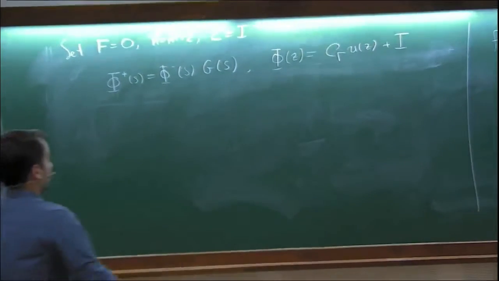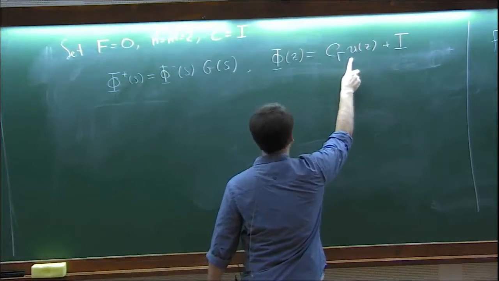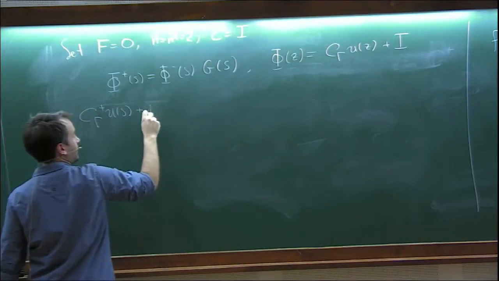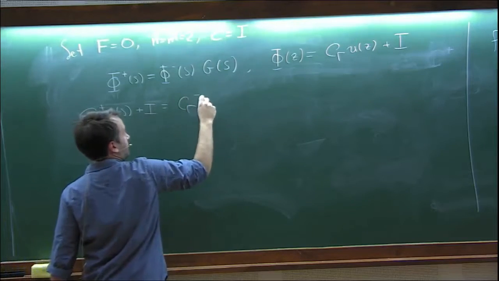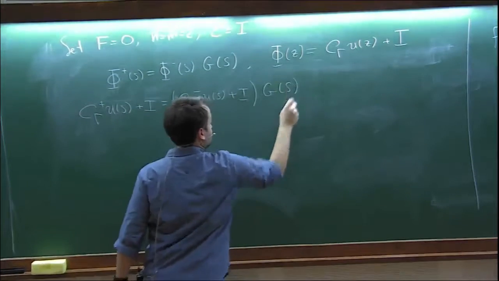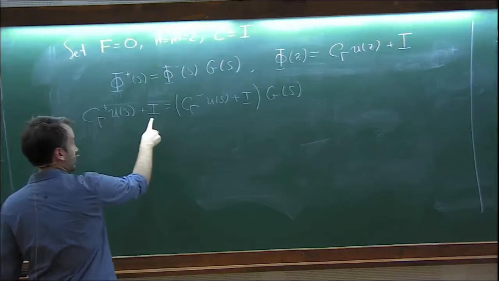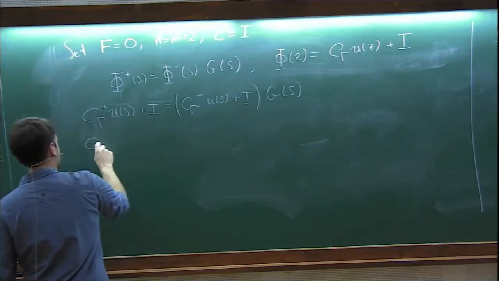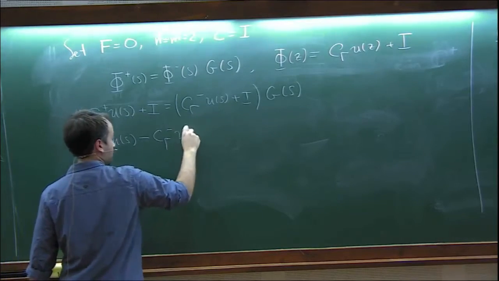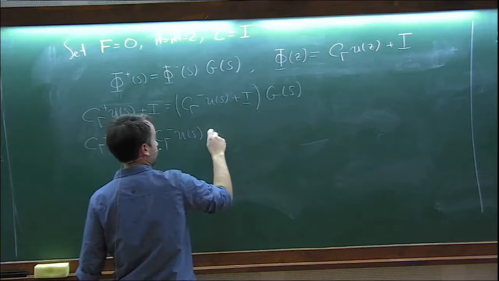Okay. So now substitute. We know we have boundary values for U and L2, so we can substitute C gamma plus U of S plus I, C gamma minus U of S plus I, G of S. Okay, let's move this to the right-hand side, and subtract this from both sides.